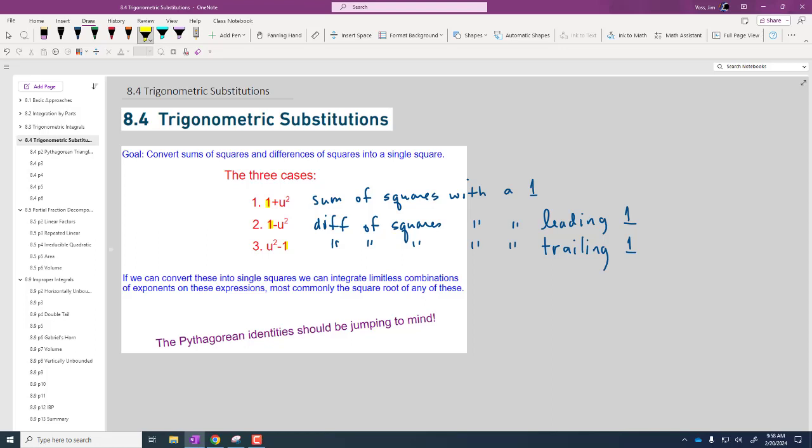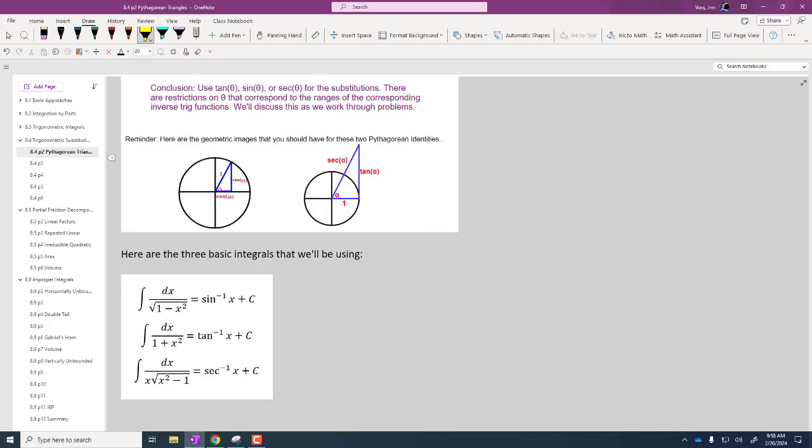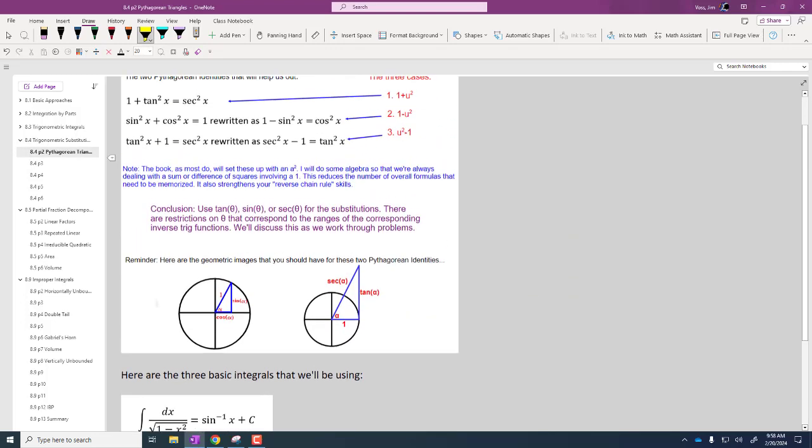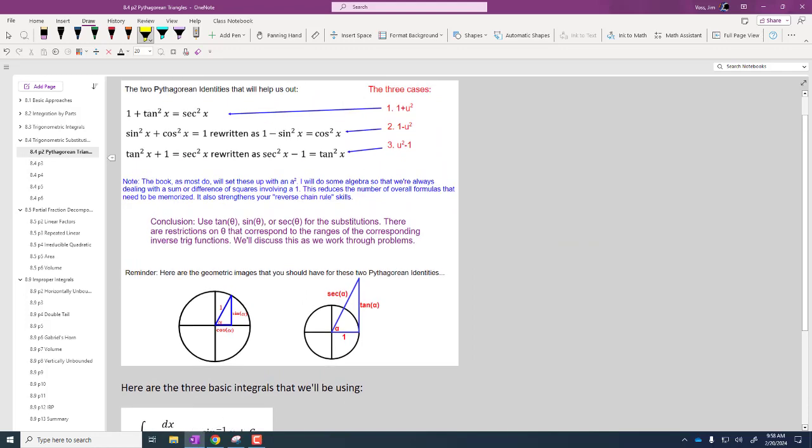So these should be looking like Pythagorean identities. Let's go to this slide here. If you look at this Pythagorean identity, 1 plus tan squared is secant squared. That should be jumping out as a sum of squares.